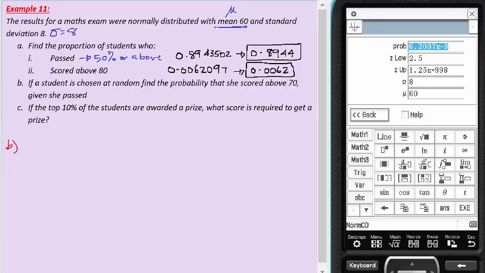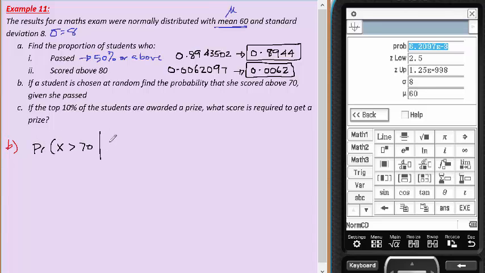Time now for part B. Part B is asking, what's the probability a student has scored above 70 given she passed? So that's saying, what's the probability that the score is above 70 given the score is above 50?